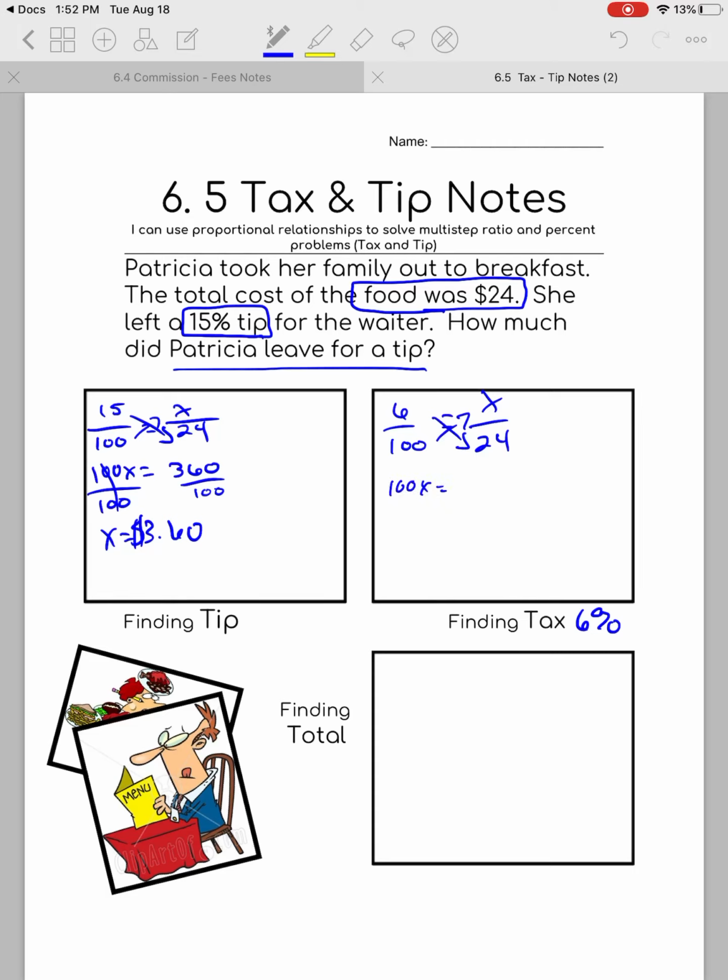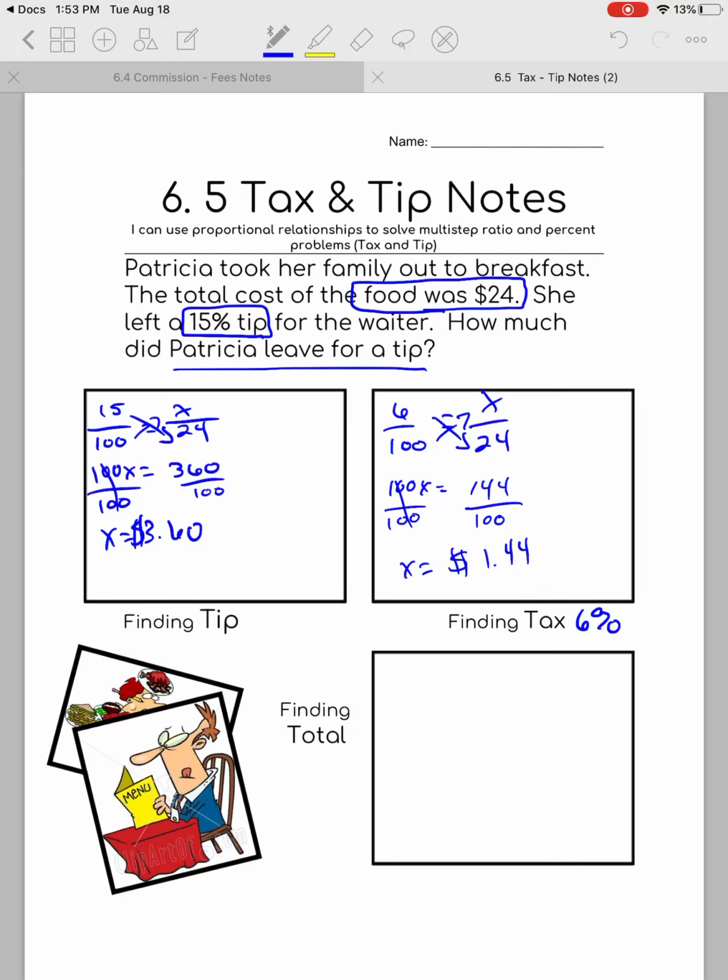Cross multiply and divide. You have 100x is equal to 6 times 24. That's 144. Again, divide by 100. x will equal $1.44.